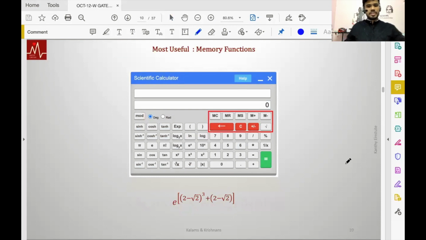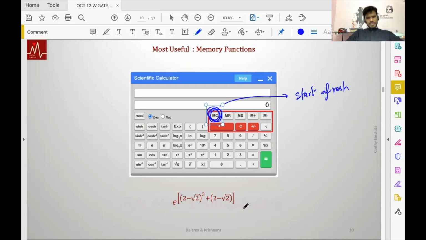And then memory; always clear this, start afresh.